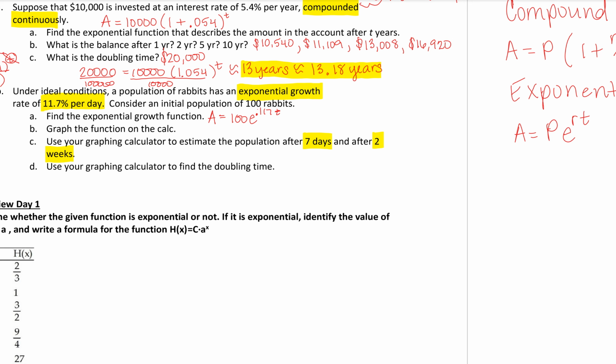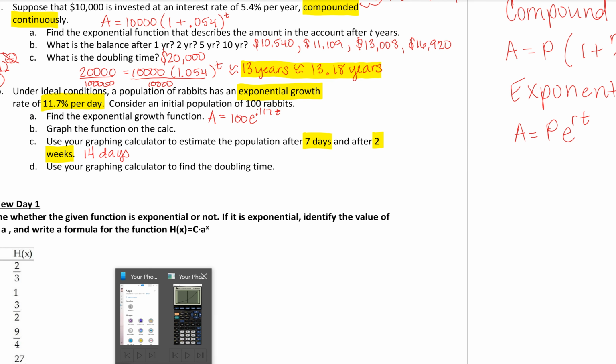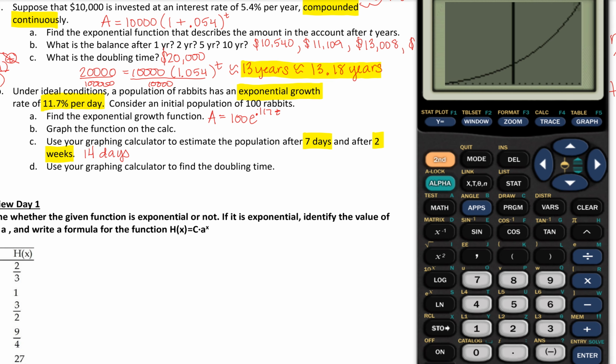So instead of looking at 2, I'm actually looking at 14 days. And again, nice and easy, I can go into my calculator, second table. And I'm going to first look for 7.